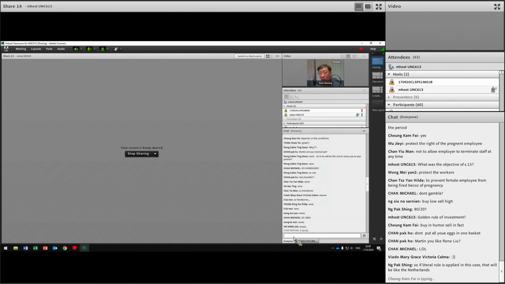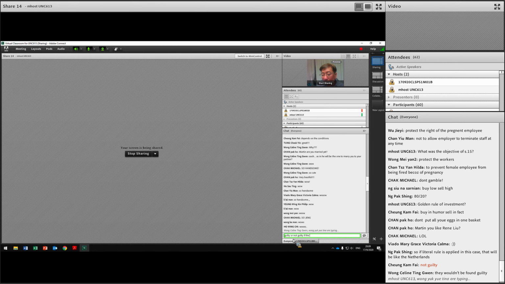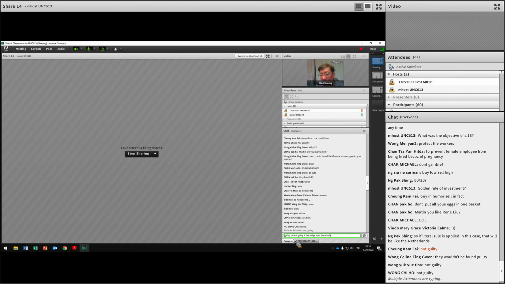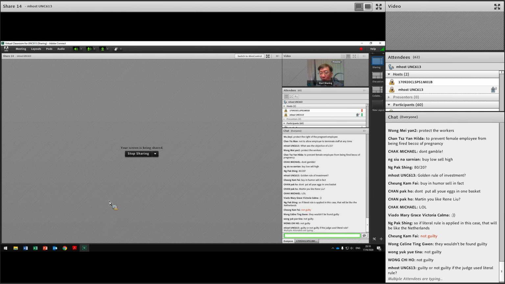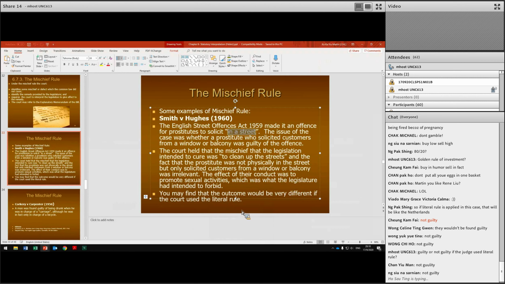If the judge used the literal rule, what is the outcome? Not guilty. Very good. The prostitute will be found not guilty if the judge used the literal rule.